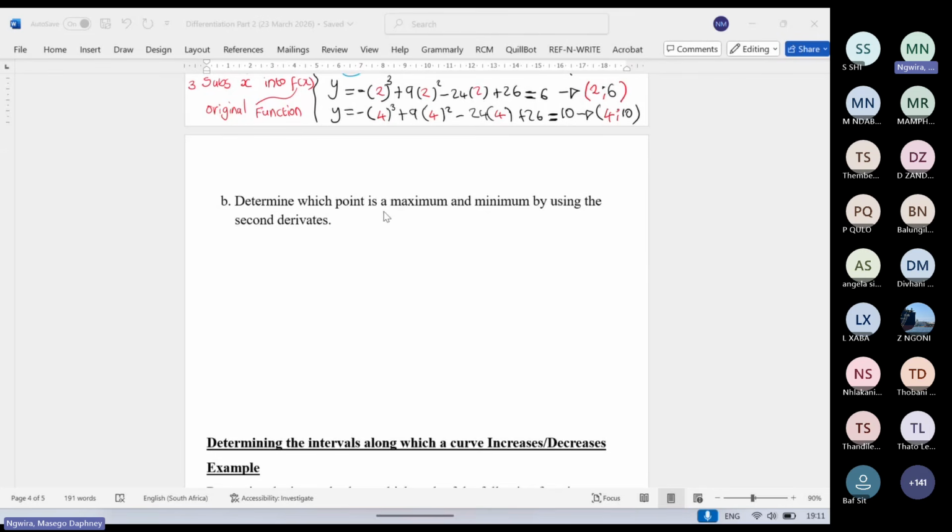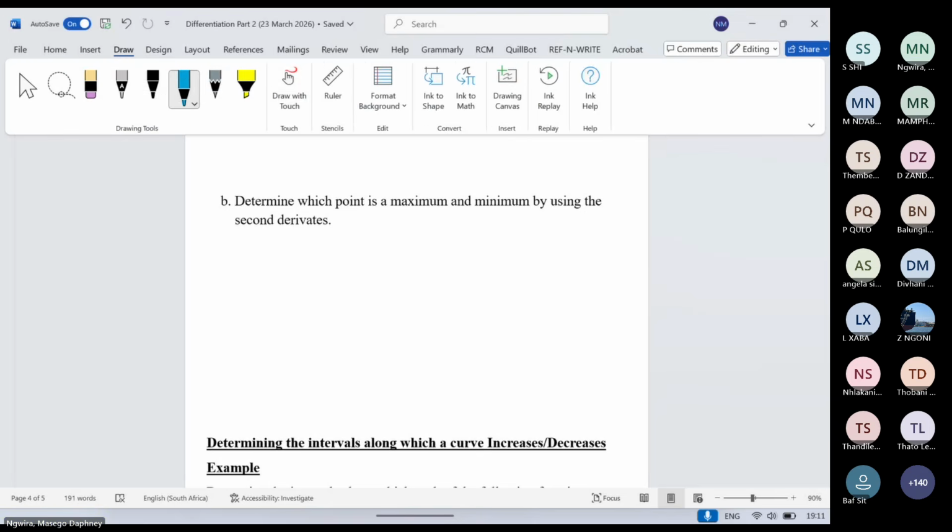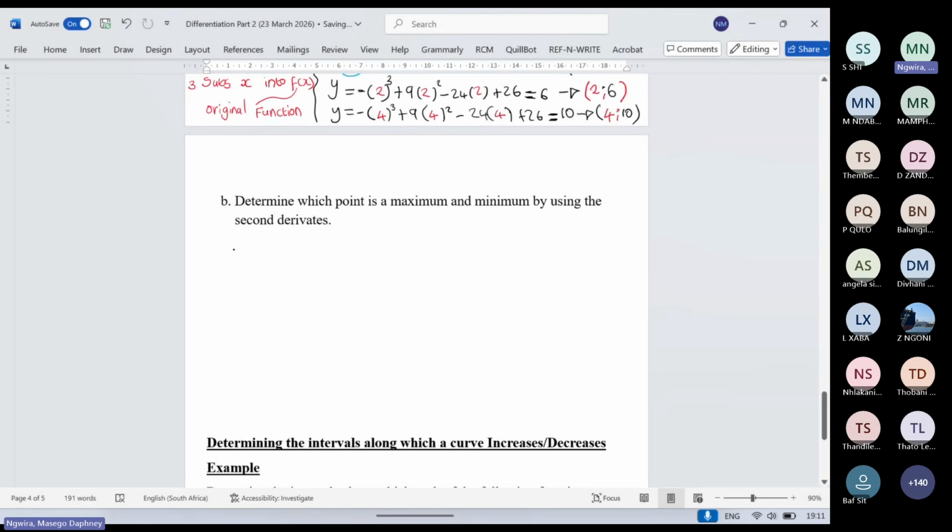Second derivative. So for me to determine the minimum and the maximum, I must first find my second derivative. I have my first. Remember they told me to write the first derivative. Let me write the first and the second. My original: y equals negative x to the power of 3 plus 9x squared minus 24x plus 26.